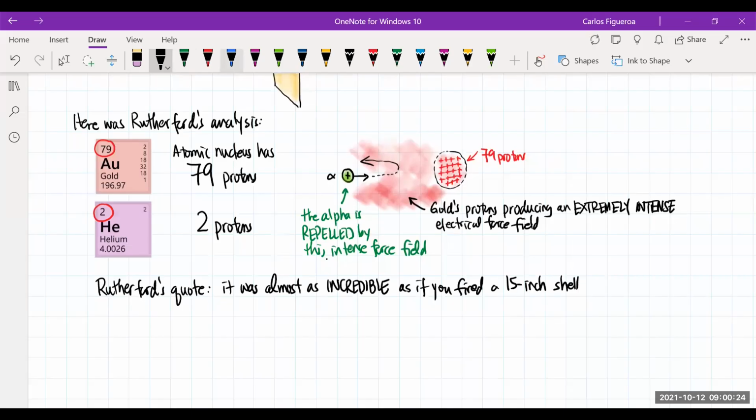By the way, what was the 15-inch shell in this case? This was the alpha particle, because remember, these were really energetic alpha particles. As if you fired a 15-inch shell at a piece of tissue paper.